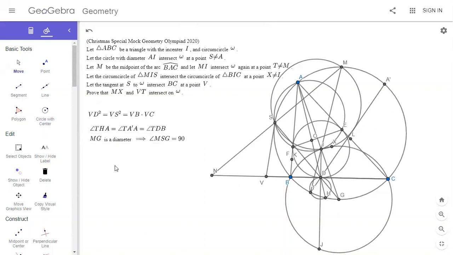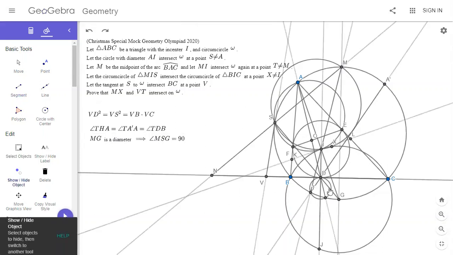Yeah, I was thinking of using the Reim's theorem, which says that if we extend that line MX, we can go by the phantom point approach. For now we can just assume that MX intersects the circumcircle of triangle ABC at a point H dashed. So if MX intersected it at a point H prime, let's say.